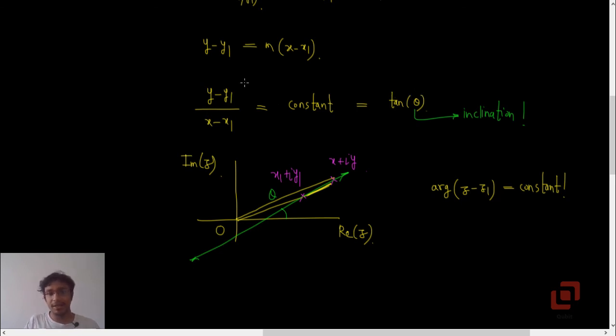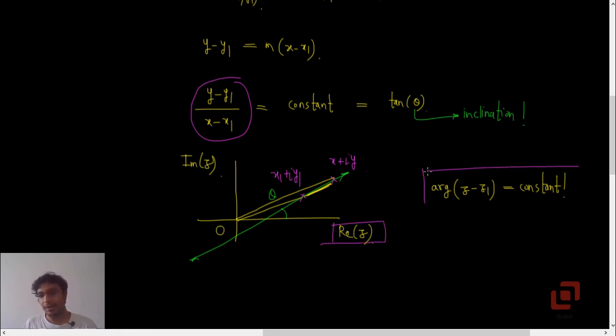So if tan theta is a constant, so must be theta, right? And what is that argument? Argument is basically the inclination which the line has with the x-axis. Okay, so this is the equation of the line passing through the point z1, with this constant being equal to the inclination of the line.